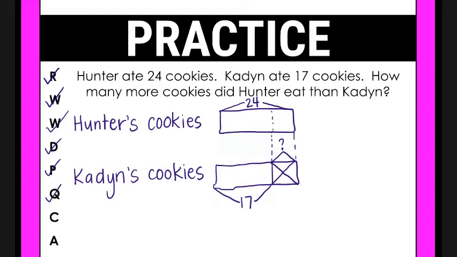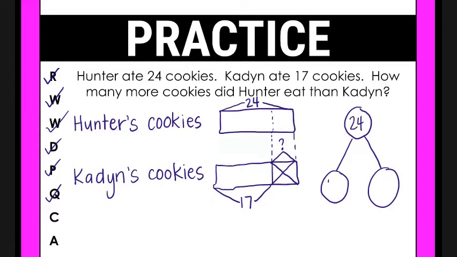And remember, this is where I like to draw my number bond because it helps me figure out what operation I need to use, whether it's addition or subtraction. So I look at my unit bars and I compare it to a number bond. So it looks like my whole is 24.